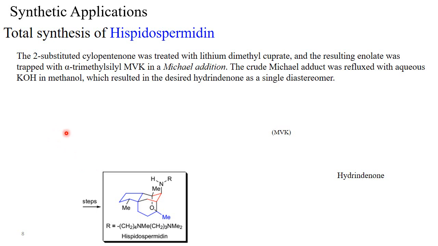That intermediate which is required for the synthesis of hispidosupermidine is hydrindenone. One of the reactants required for this intermediate is a compound resembling methyl vinyl ketone, and the other reactant is 2-substituted cyclopentanone.